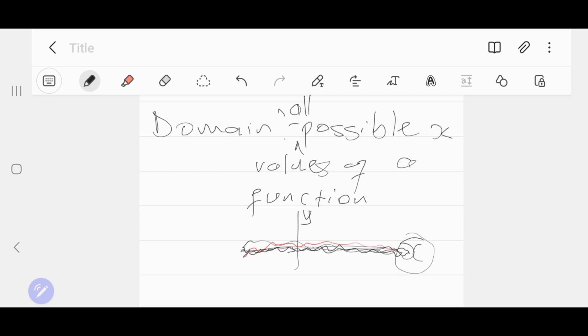A function that doesn't have that has an asymptote; our y axis also acts as an asymptote. So we'll see those behaviors as we move along. That's why it's very important, people, to know what a domain is, how to find it, how to interpret the information, and how to present it.